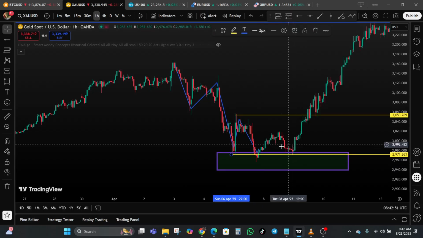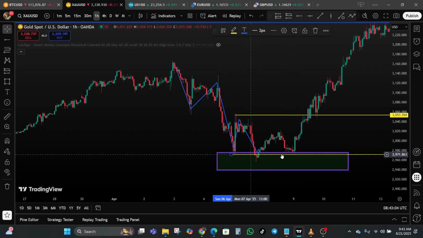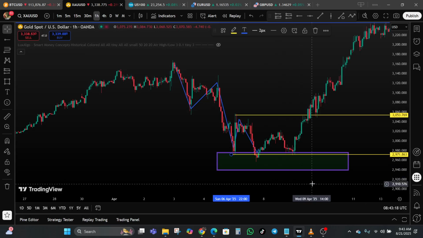But you see, this one already interrupted the equal low that came in between, because you can see these two price points actually are around the same level. Okay, so that's that. Price always seeks liquidity, and that's the reason why there are stop hunts.